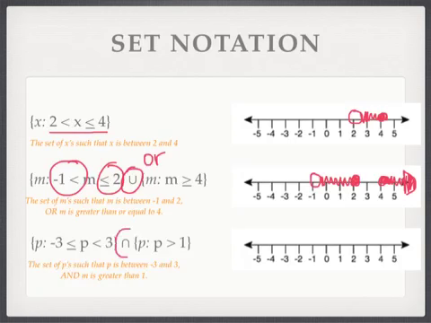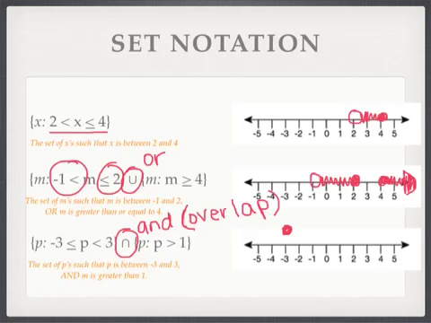Now what does this symbol mean? That's and, which means we have to do overlap. So, from negative 3 to 3, and this is where I'm going to do it up above the line and then decide what my final answer is later. Negative 3 is a closed circle.